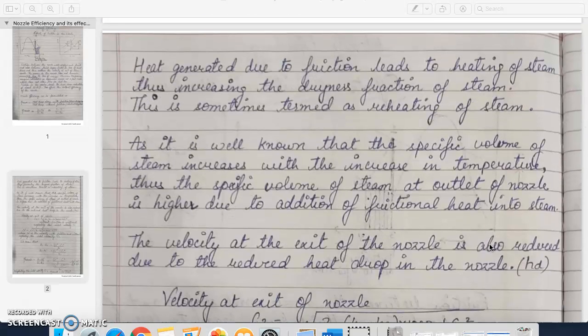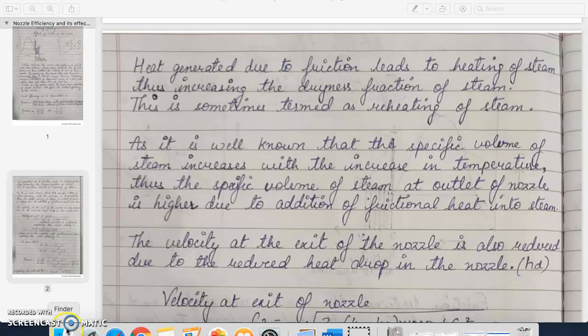Now as we know, the specific volume of steam at higher temperature is larger than the specific volume of steam at lower temperature. So naturally when the dryness fraction of steam increases, the specific volume of steam will also increase. So the friction also leads to an increase in the specific volume of steam.